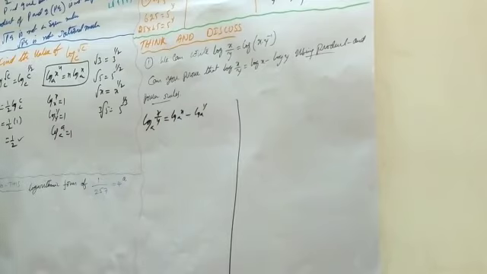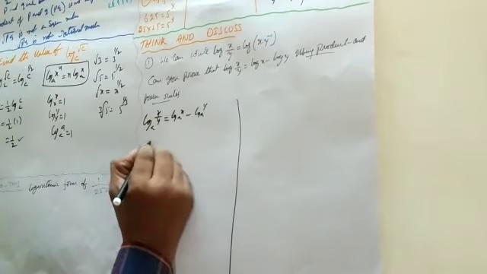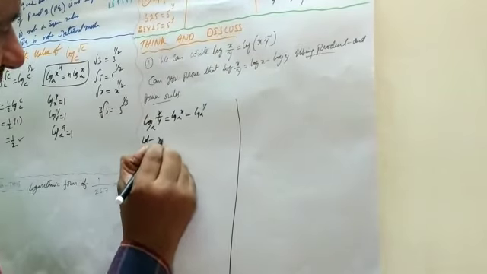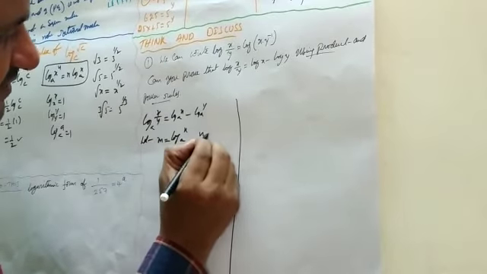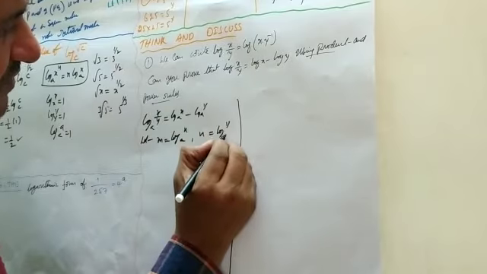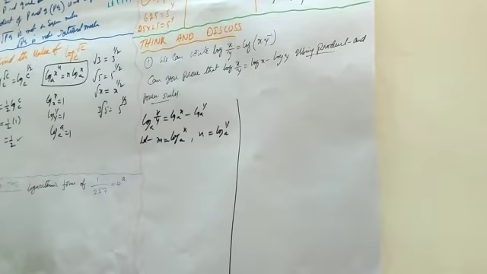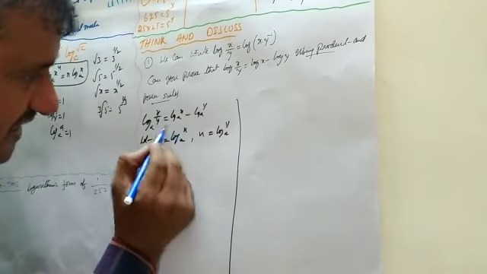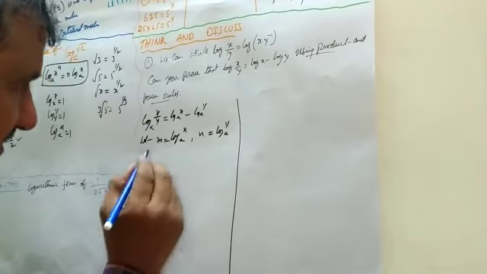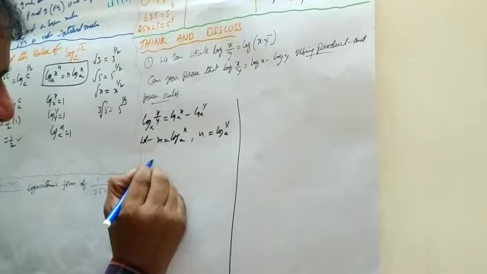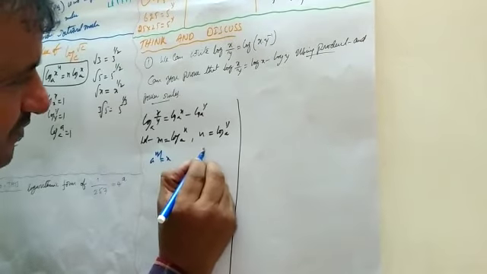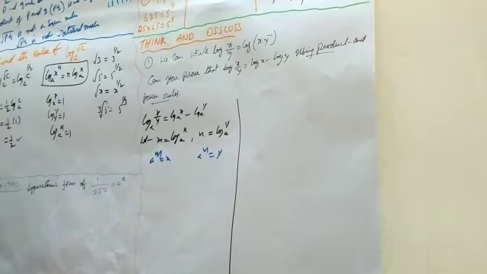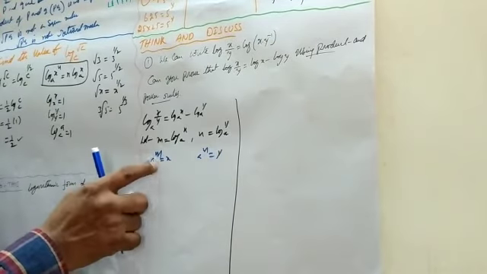See here. Let us take m is equal to log x base a, and n is equal to log y base a. This is the logarithmic form, convert it into exponential form. Therefore a power m is equal to x, and a power n is equal to y. The logarithmic form changes into exponential form.